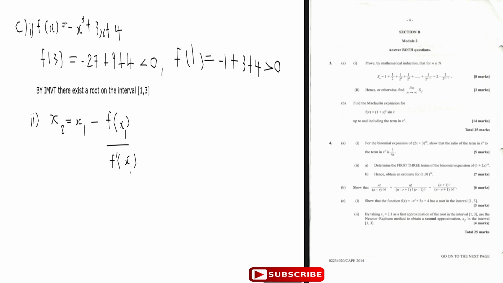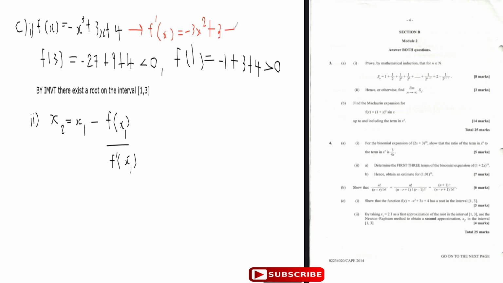So first we need to find f prime of x. Now, f of x is minus x cubed plus 3x plus 4. And so f prime of x is going to be equal to, when you differentiate minus x cubed, you get minus 3x squared plus 3.